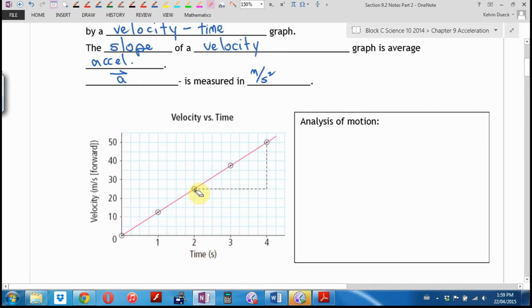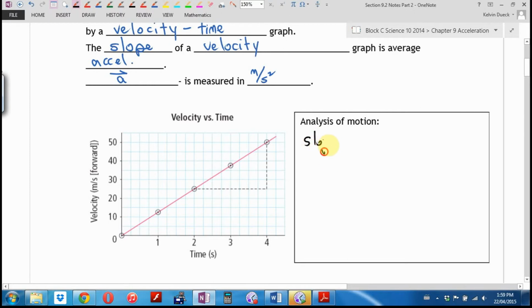After 2 seconds, how fast is this person going exactly? 25 meters per second. After 3 seconds, 37 and a half. But you know what? After 4 seconds, exactly 50, their speed is increasing. If we want to analyze this, now in your homework, Allison, you do not need to show me this much work, but I'm going to fill out all the steps so when you're studying, you know what the heck we did in our notes.